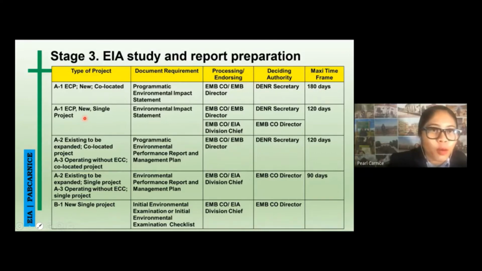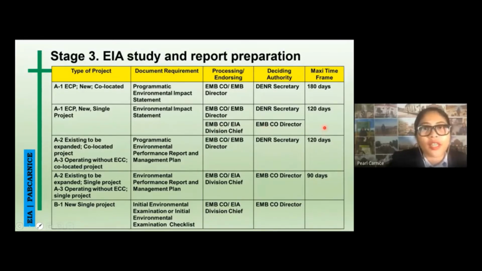Next type of project is still environmental critical project. It's new and single project. So the one that I will be preparing, or the requirement, is an environmental impact statement, or EIS. Of course, it has the same processing, endorsing, and deciding authority, and the maximum time frame is 120 days.